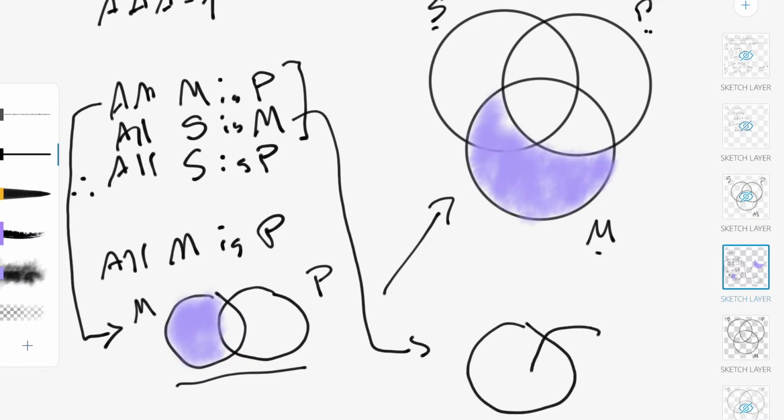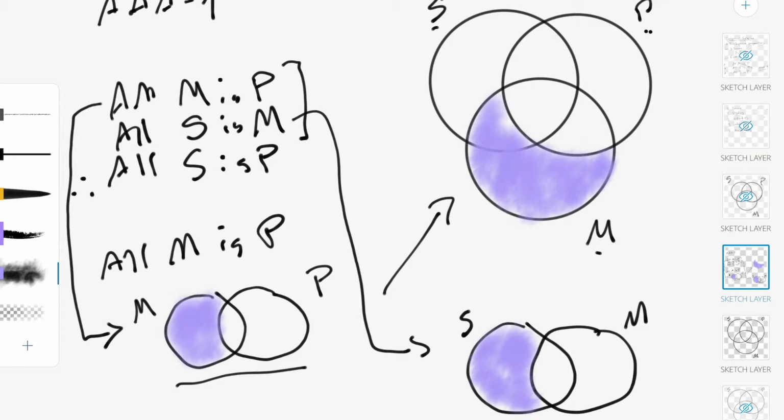So what does that look like? So it's S and M. The relationship between S and M means we're going to shade the region of S outside of M. So there's our shading. So this is just like this diagram for a single categorical proposition that had S as the subject term and M as the predicate term, right?